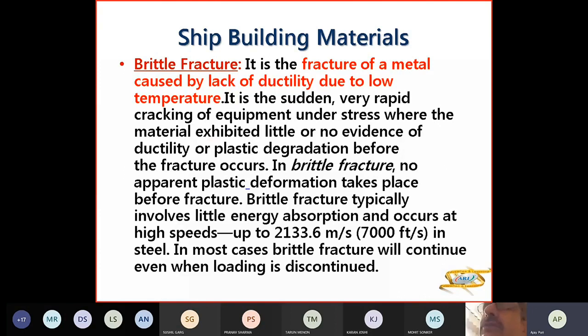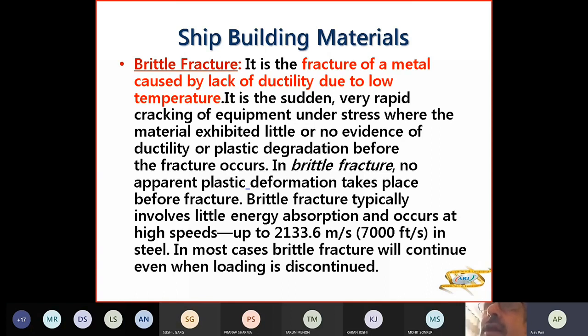Now, you have instances of vessels sinking maybe in 2 minutes after breaking down. That can be an event of brittle fracture, because of the energy absorption and the speed at which this fracture occurs without warning, which can be 2,133 meters per second, very fast.